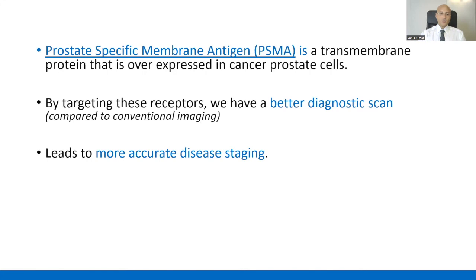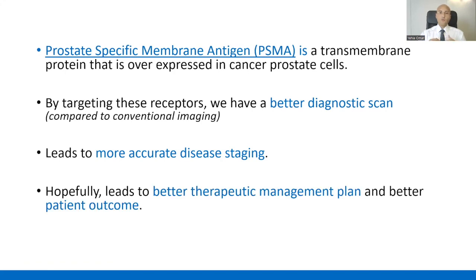And that leads to having a more accurate disease staging for patients. And then hopefully at the end, that leads to better therapeutic management plan and better patient outcome. So at the end, that's the mission for having any new diagnostic scan that lead to a better management and a better patient outcome. And that's what PSMA PET-CT have done in certain areas, and still trying to prove itself in other parts.